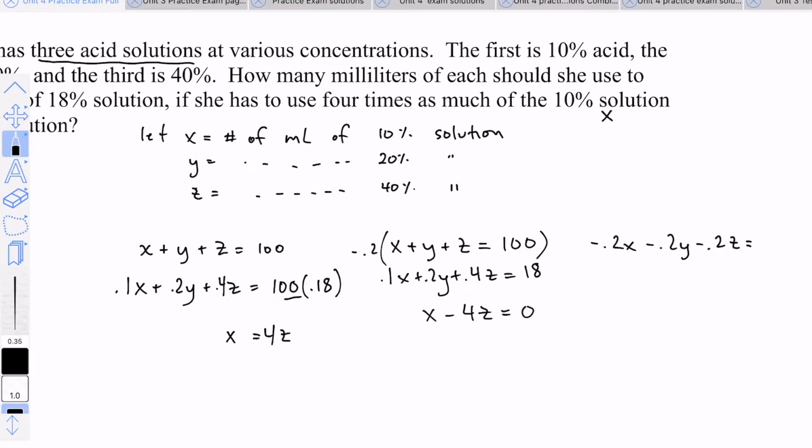And 0.2 times 100 is 20. So now I have opposite coefficients here for the y variable. So I can add and eliminate the y variable.